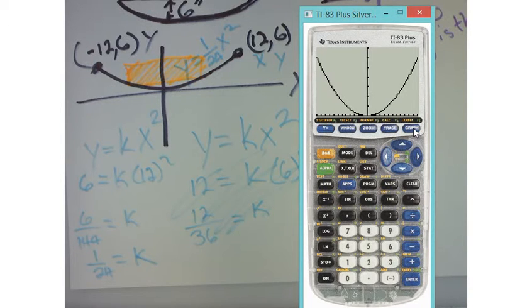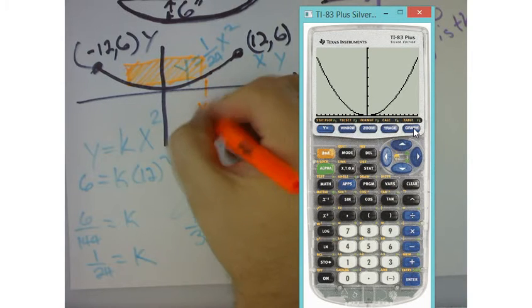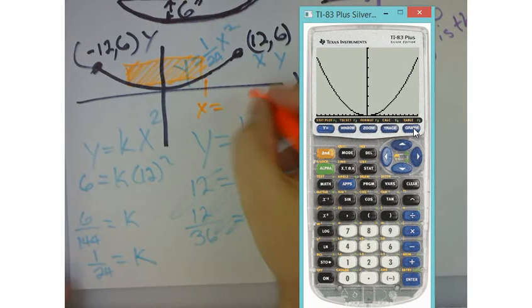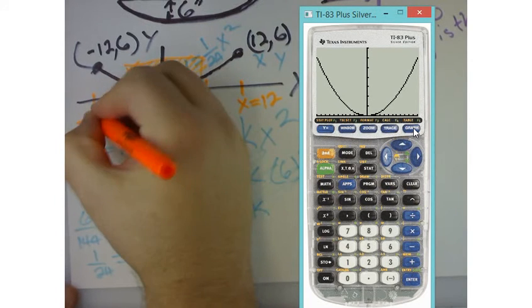In other words, if I were to think of an x value, where would you want to place that? Keep in mind that this is all the way over here. This is x equals 12. And this is x equals -12.